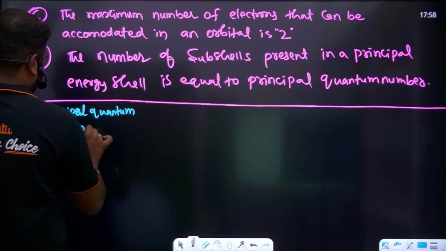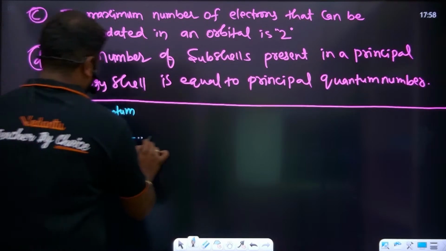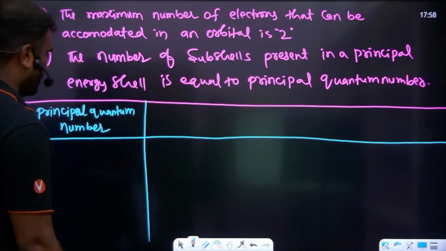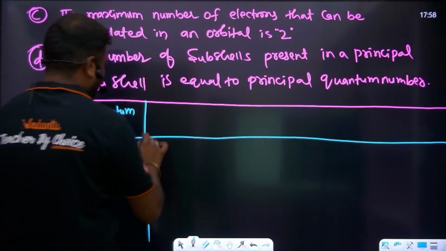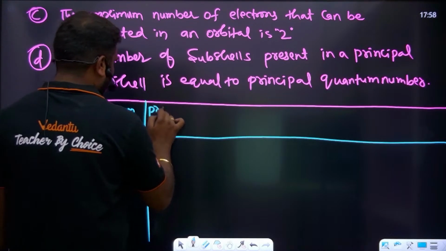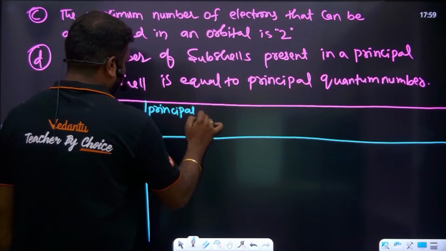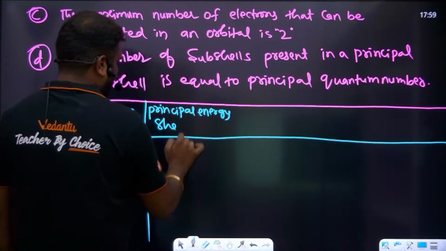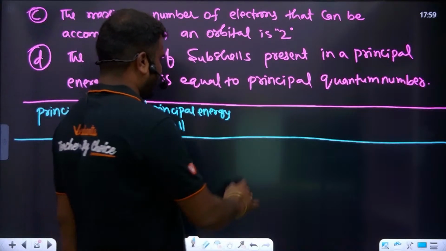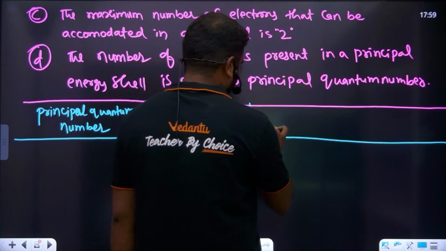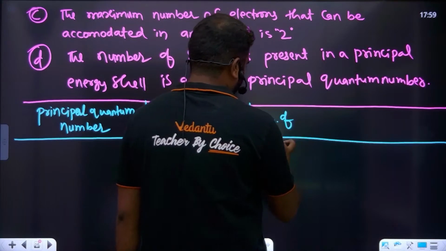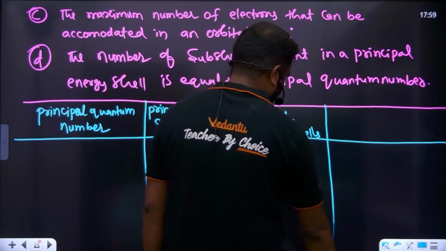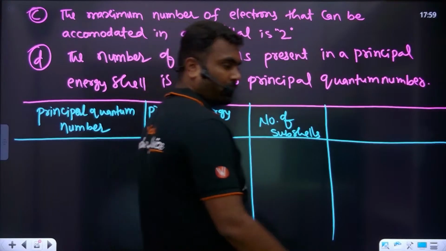Principal quantum number, principal energy shell, number of subshells, and subshell notation.